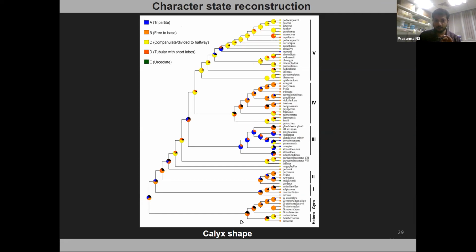Calyx shape is one of the important diagnostic characters in this group. Most of the clades have, for example, the Indian clade is dominated by campanulate calyx, whereas the Indo-Malayan has mostly tubular ones.